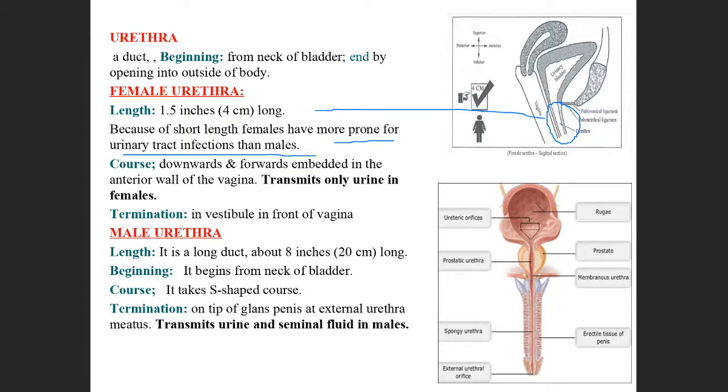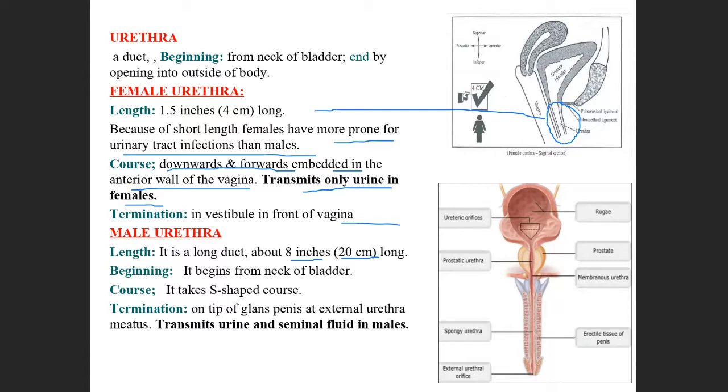It runs downwards and forwards, and it lies in the anterior wall of the vagina. It transmits only urine in females, and it ends in the vestibule of the vagina. Whereas in males, the length is more, 8 inches or 20 centimeters.